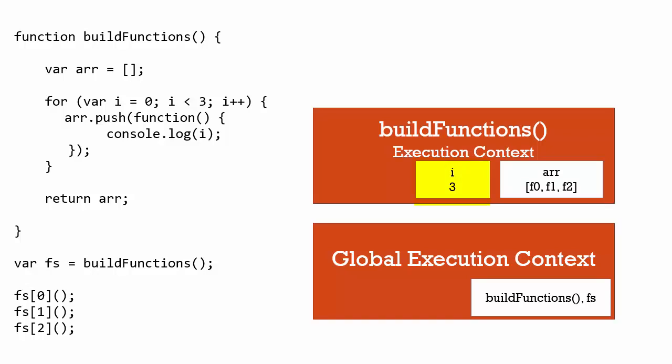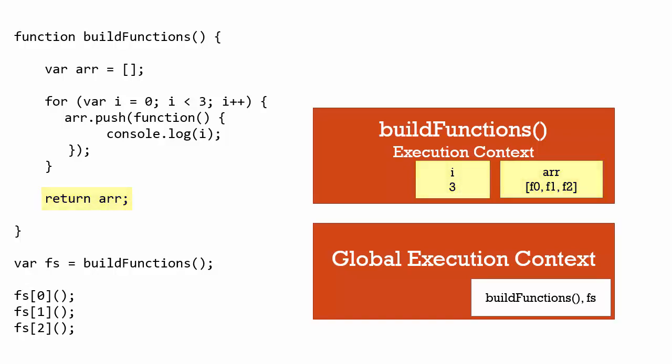That's what told me to leave the for loop. So when I hit this return arr, what's in memory in that execution context is that i is a 3, and arr holds 3 functions. We'll just call them f0, f1, f2. But they're anonymous.